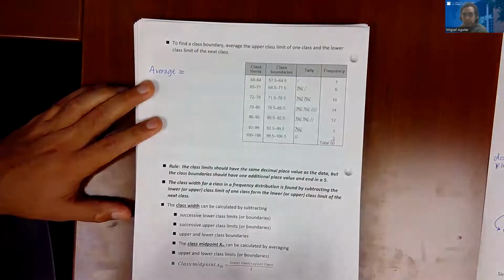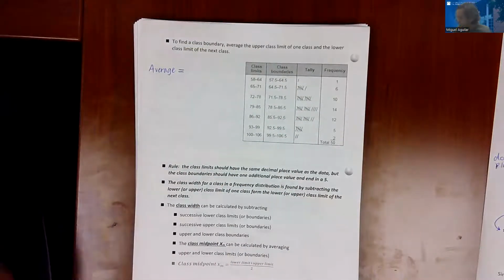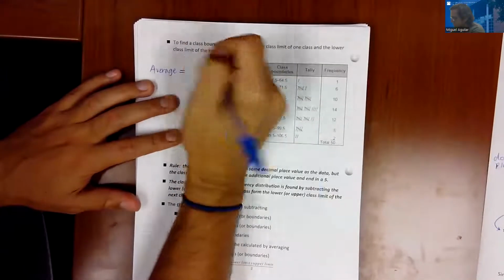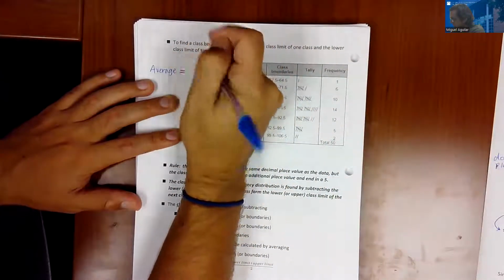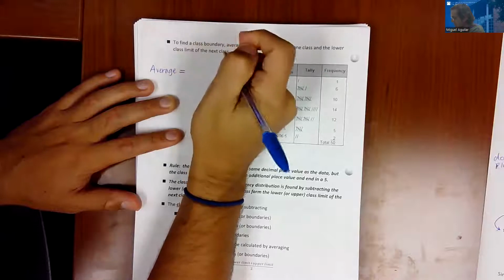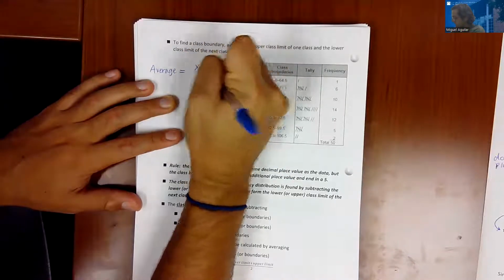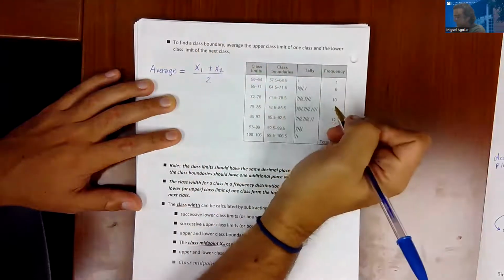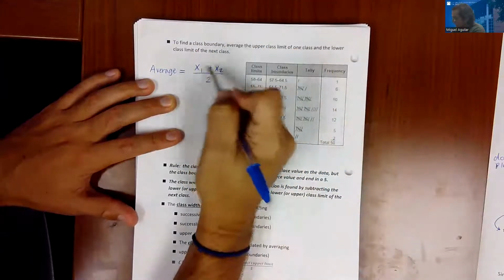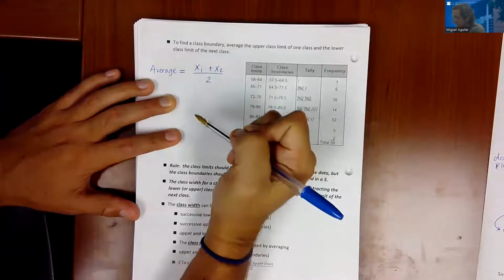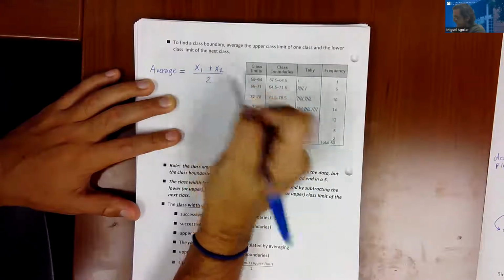Yeah, that's exactly right. Typically if we have two numbers, we take x1 plus x2 and then divide by however many numbers there are. If there are only two numbers, we add those together and divide by 2.